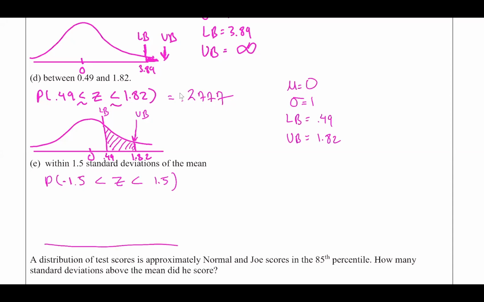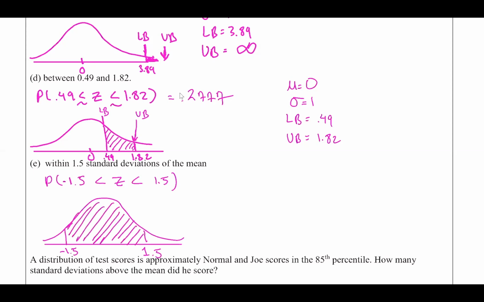So for this one, the way we'll draw it, we'll have negative 1.5 here and positive 1.5, and you shade the values in between. So that's within 1.5 standard deviations: you go 1.5 standard deviations to the left, which is negative, and 1.5 to the right, which is positive.